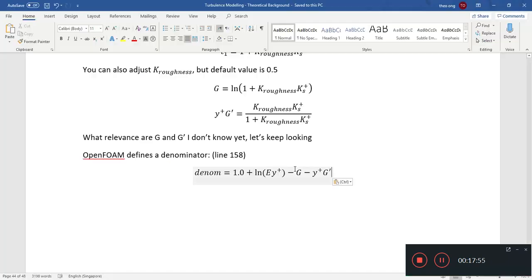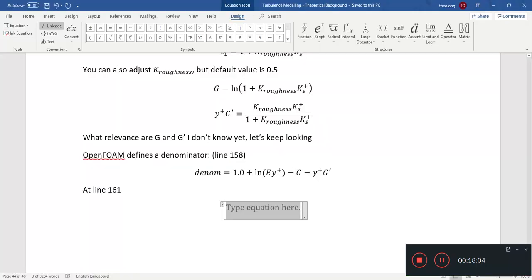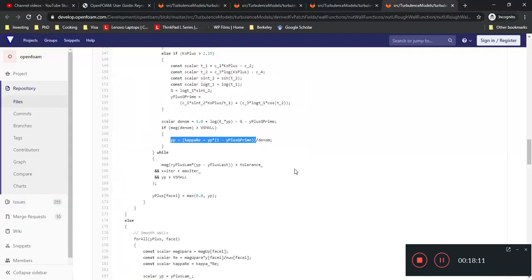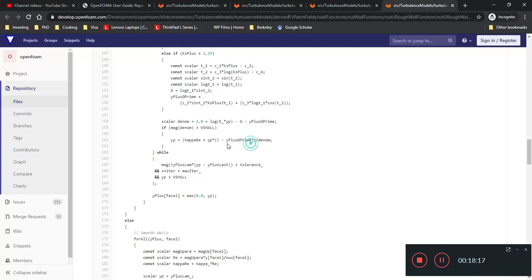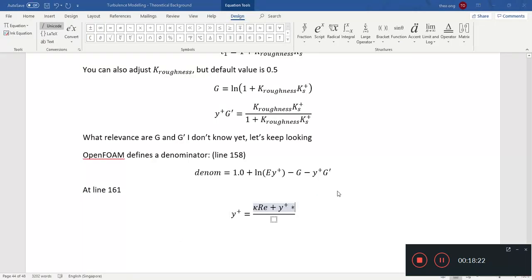Let me write that down. At line 161, we'll have y plus equals kappa Reynolds number, kappa Re, plus y plus times 1 minus the G prime thingy, 1 minus the y plus G prime.